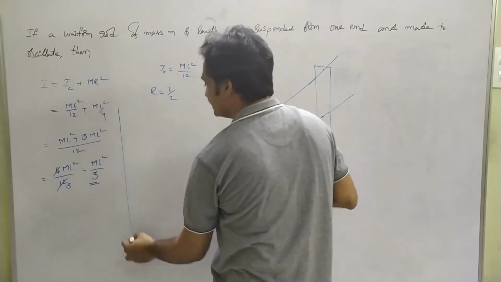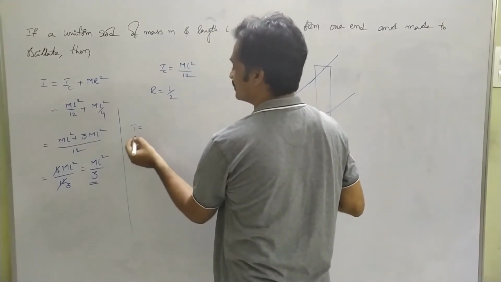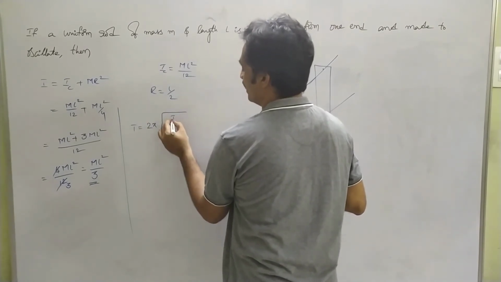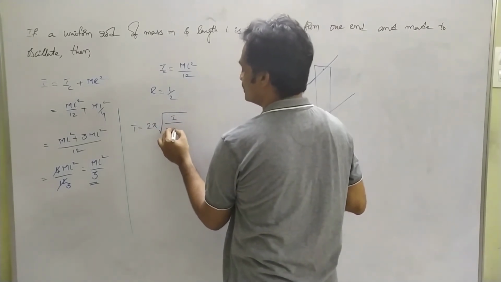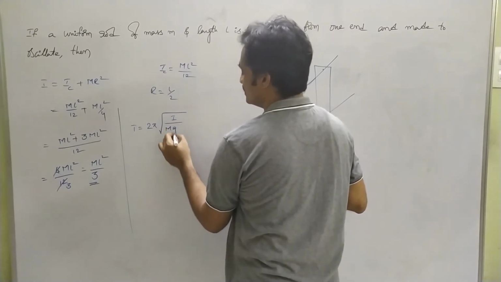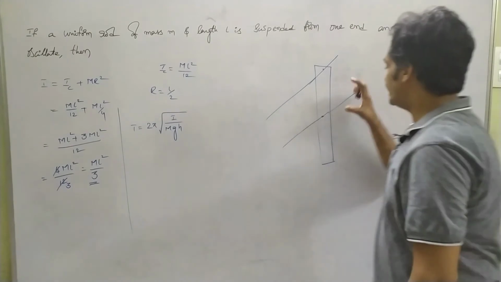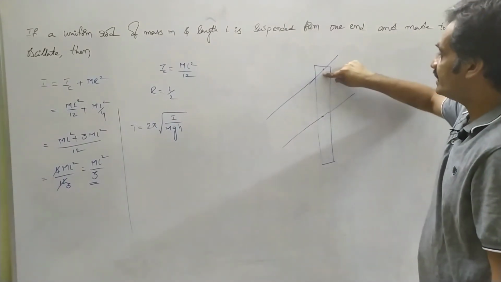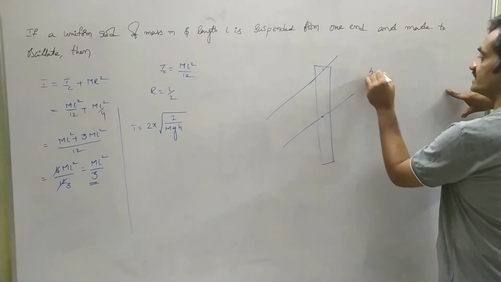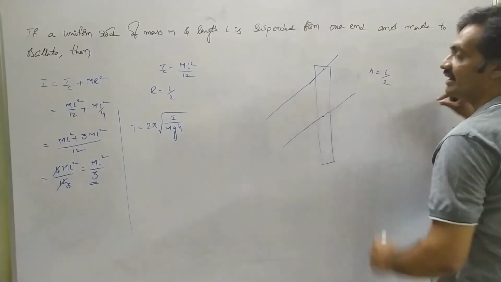Now we have to represent the time period for this expression. So T is equal to 2 pi into under root of I by mgh, where h is the height from the end to the center of mass point. So h is represented as L by 2.